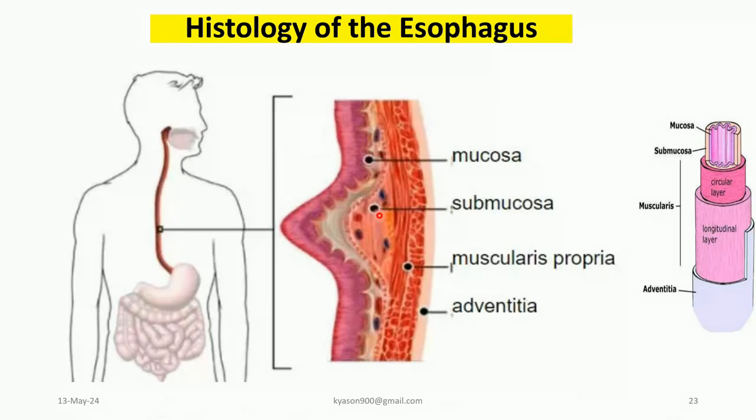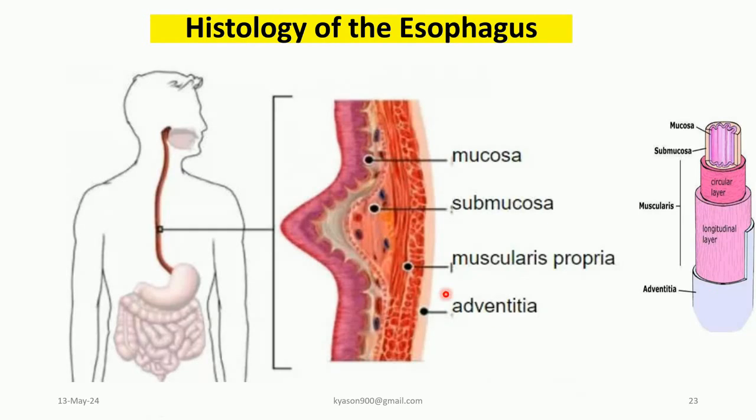Then external to this, we have the muscle layer, what you can call the muscularis propria, or just the muscularis. Of course, this muscle layer has the inner circular fibers and the outer longitudinal fibers.